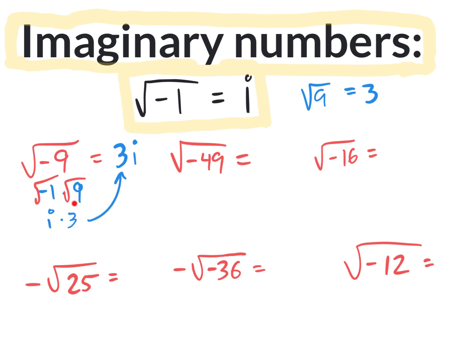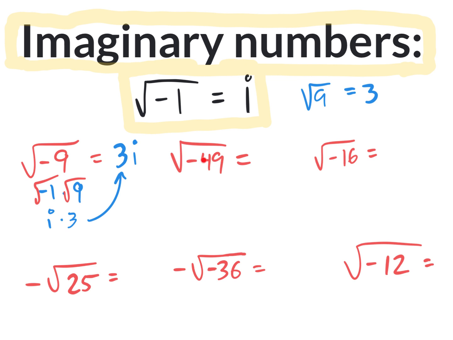Now this work looks and sounds complicated, but you don't have to show all this work. The reality is this: whenever you have a minus sign in here, you could move it out and it'll become an i, a variable i on the outside, and then that'll become positive. So it's this simple.